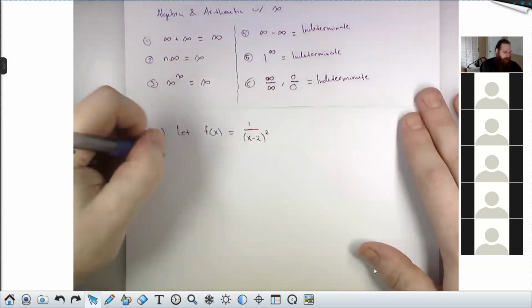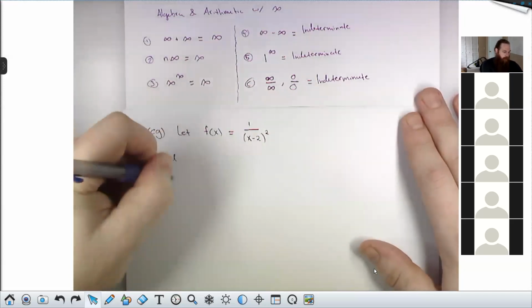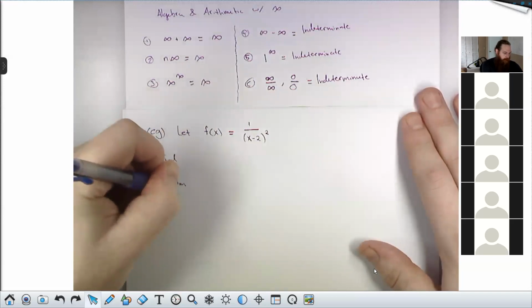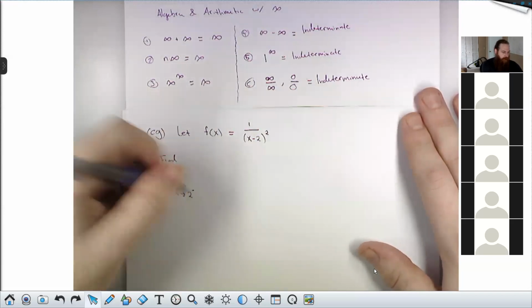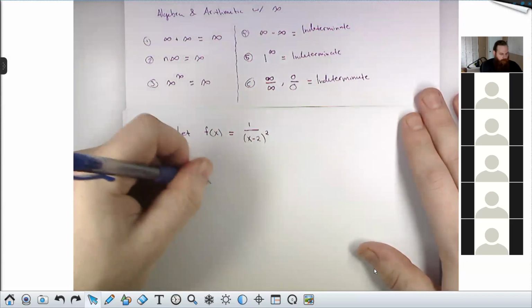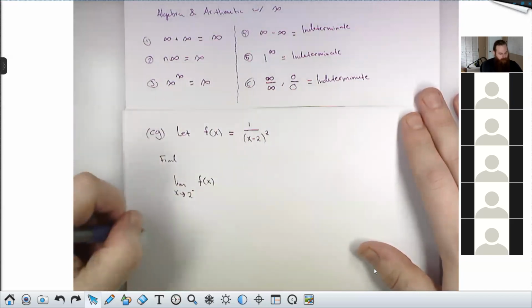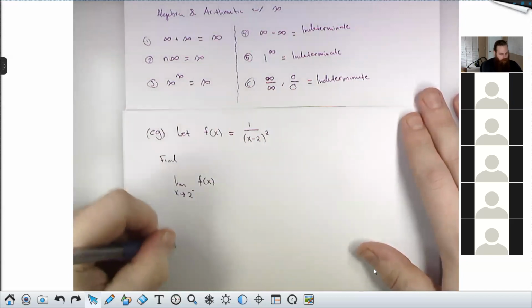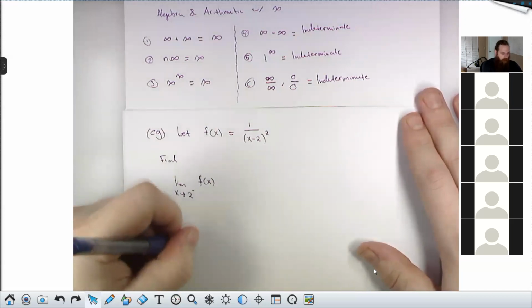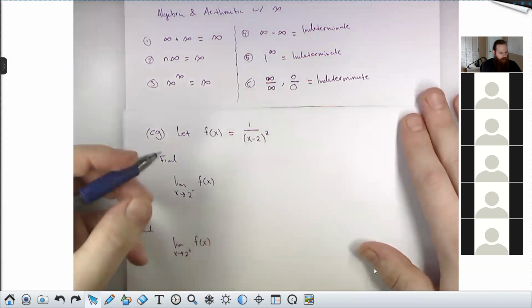Find the limit as x goes to 2 from the left of f of x, and the limit as x goes to 2 from the right of f of x.